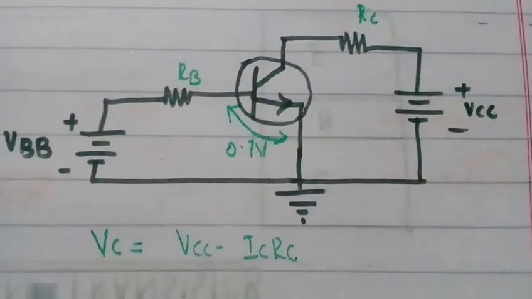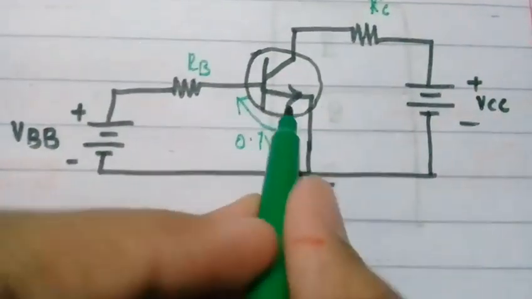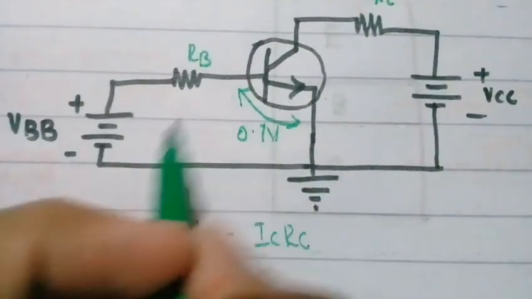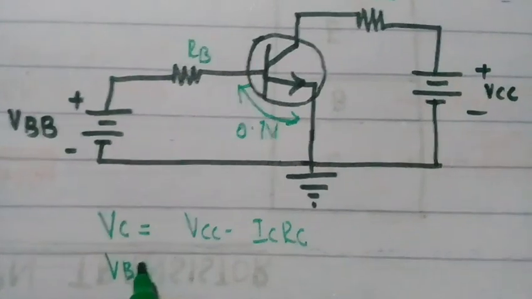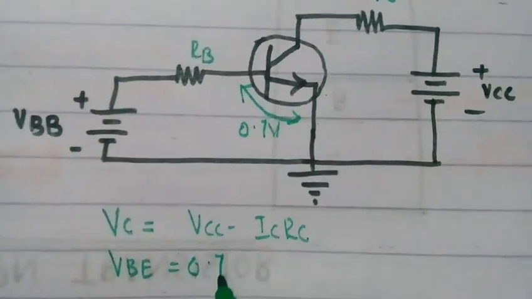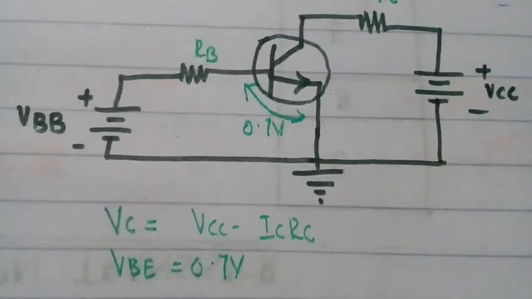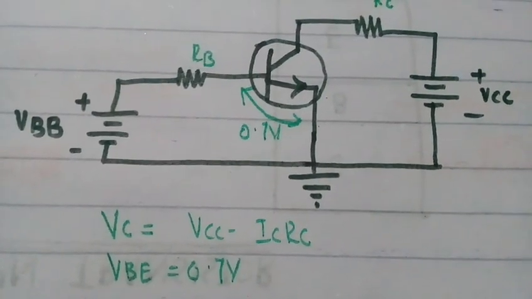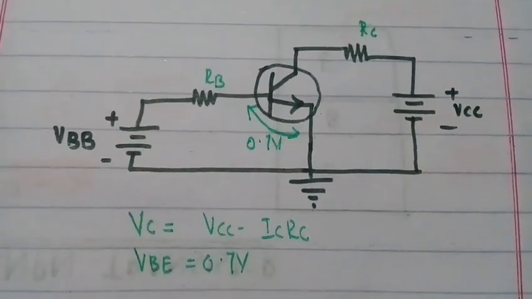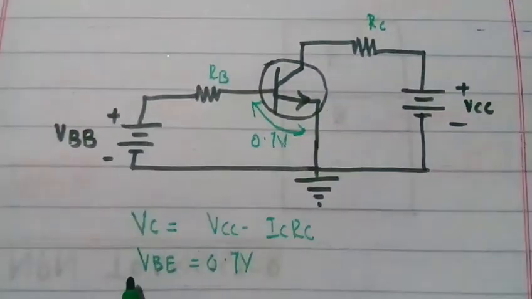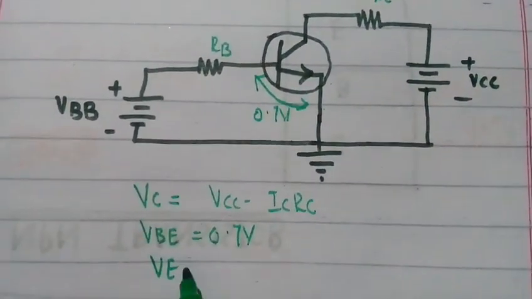This is the collector voltage, this is the emitter terminal and this is the base terminal. VBE is always fixed at 0.7 volts in silicon, otherwise 0.3 volts in case of germanium. As we see that the emitter terminal is grounded, VE is 0.